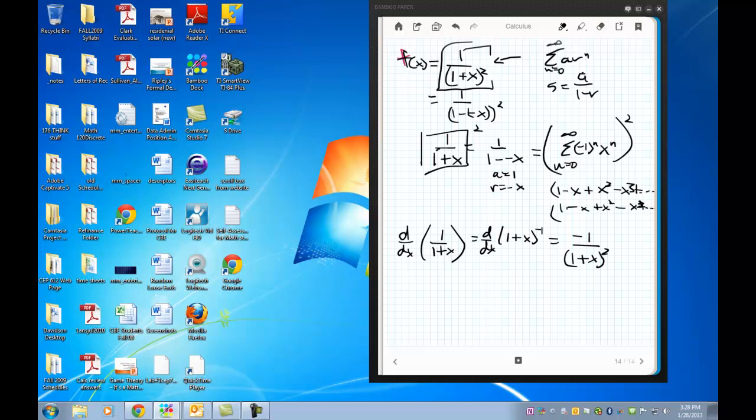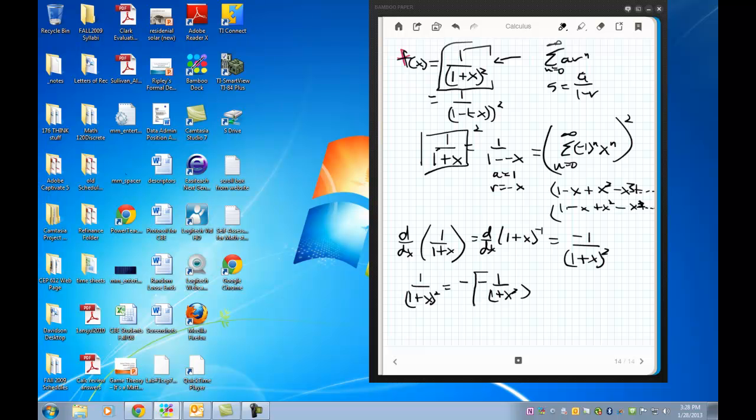Hey, wait a sec, whoa, that's nice. We're close. I got a negative, so that's okay. We'll just deal with that. We're not afraid. So I know that 1 over 1 plus x squared is equal to negative the derivative of 1 over 1 plus x.